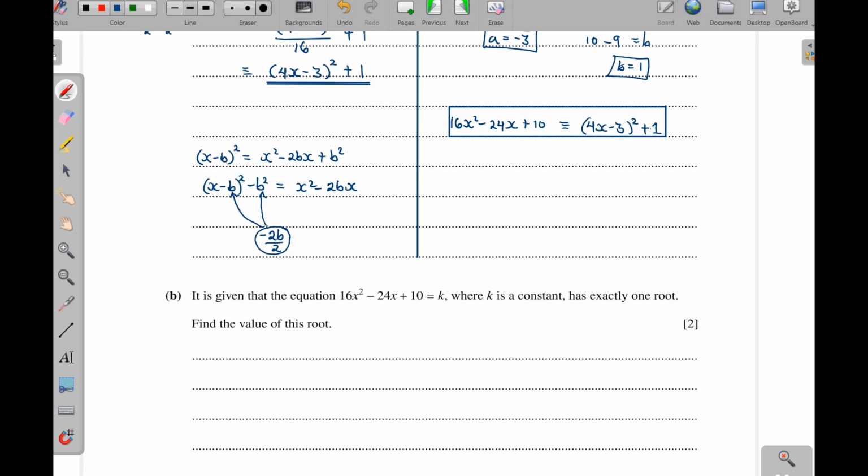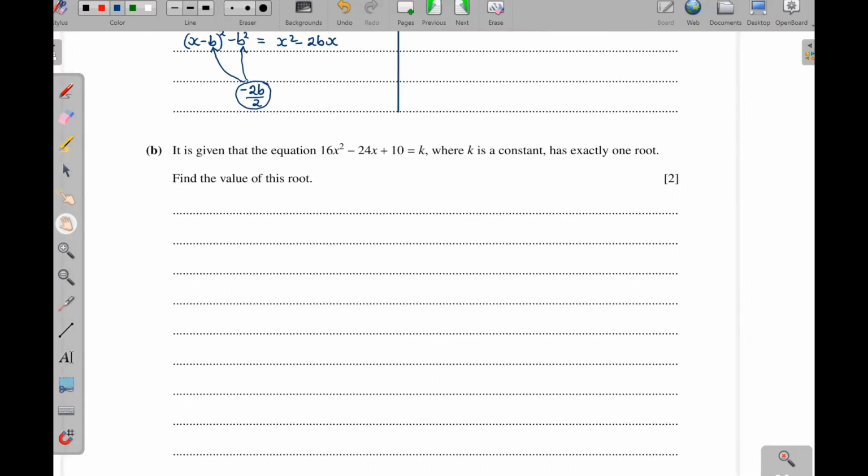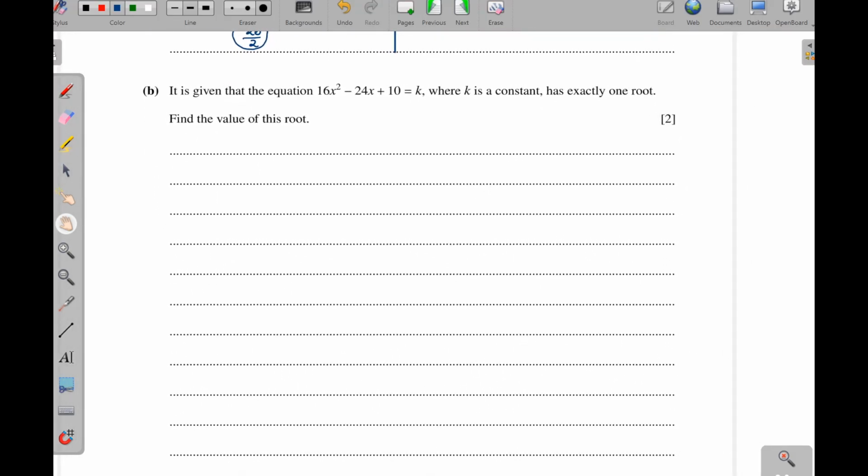Okay? So how do we then get this one out of what is given? Now we can see that we have, actually even this one I can do it in 2 ways. Okay? You also choose the method that is simpler for you. Now we can have, this one is 16x squared minus 24x, then plus 10, which is equal to k.